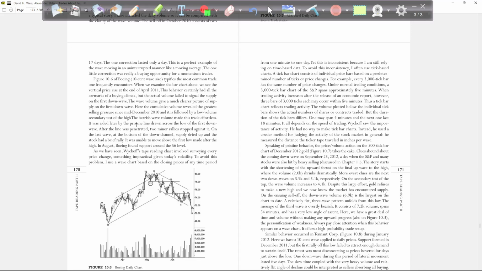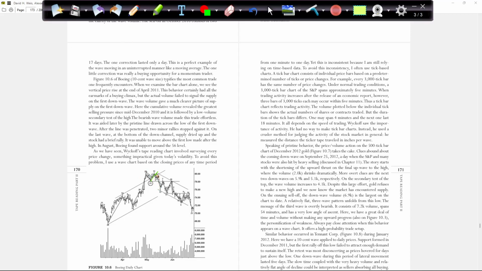It was aided later by the pristine line drawn across the low of the first down wave. Here, after the line was penetrated, two minor rallies stopped against it. On the last wave at the bottom of the down channel, supply dried up and the stock had a brief rally here.